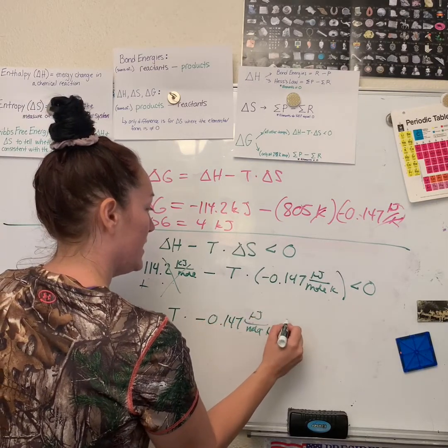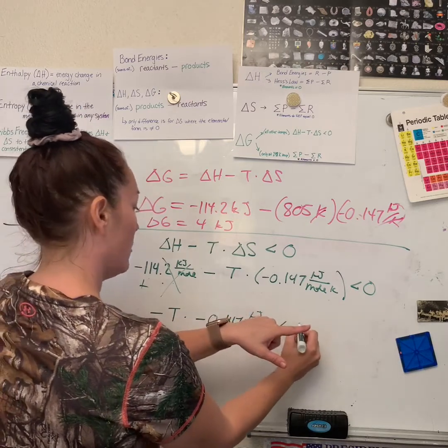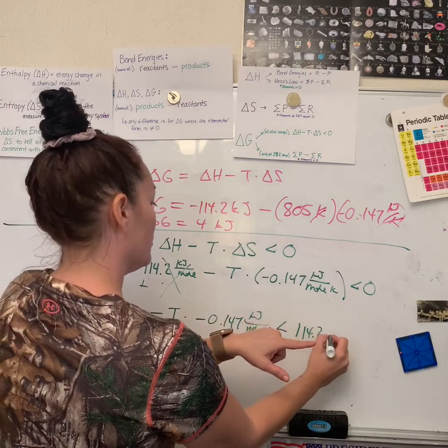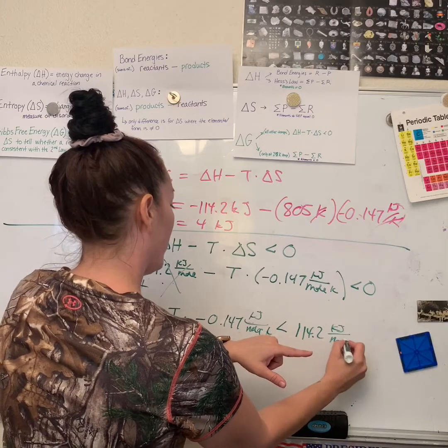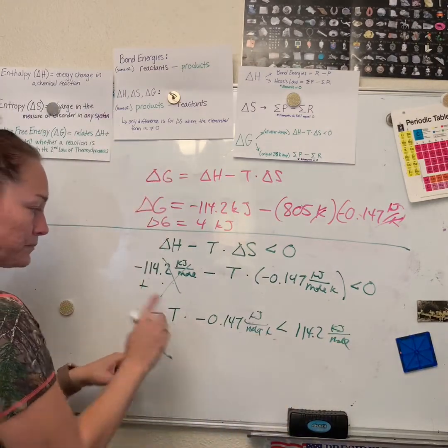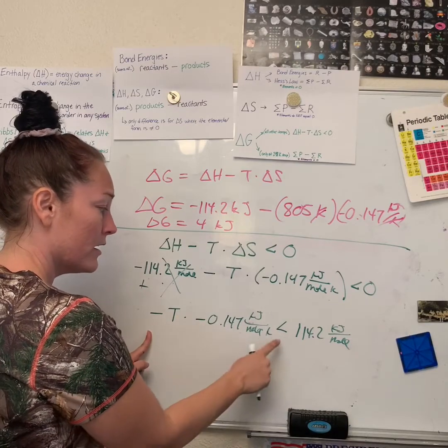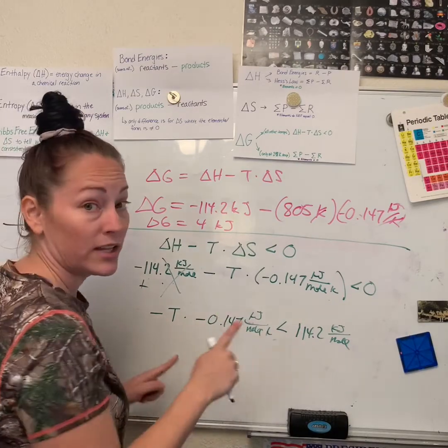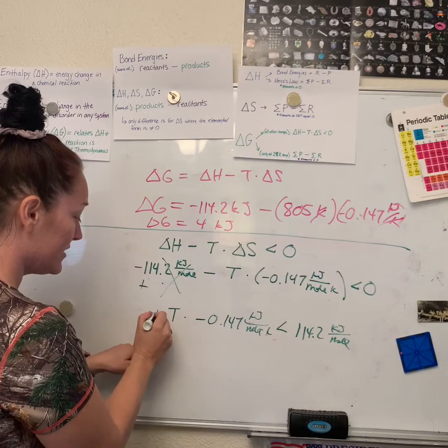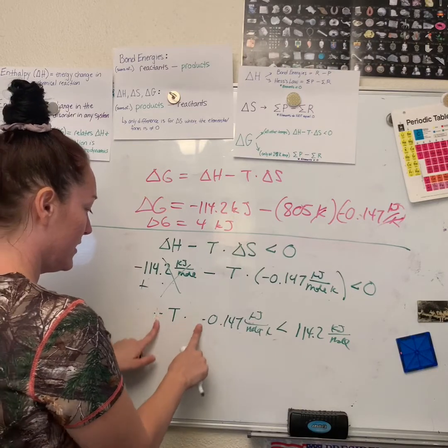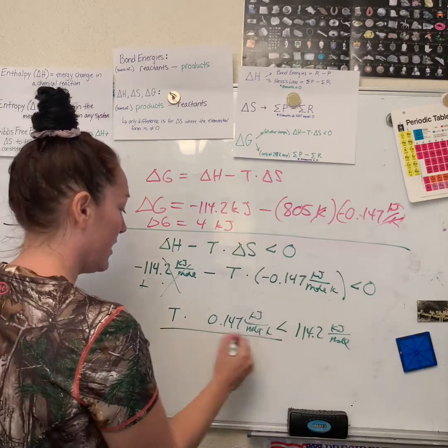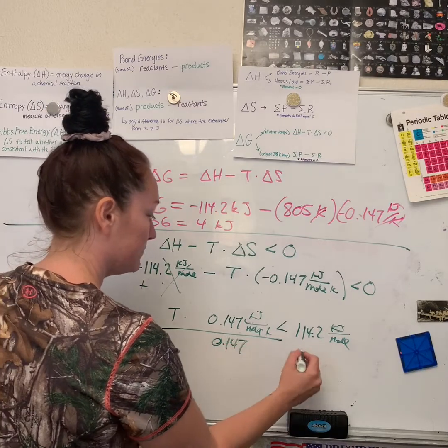Moles K is less than 114.2 kilojoules per mole. All right, now, real quick, if you divide by a negative number with an inequality, it flips the inequality sign. Don't forget that. In this case, these actually both become positive, so we don't have to worry about it here. So just go ahead and divide both sides.